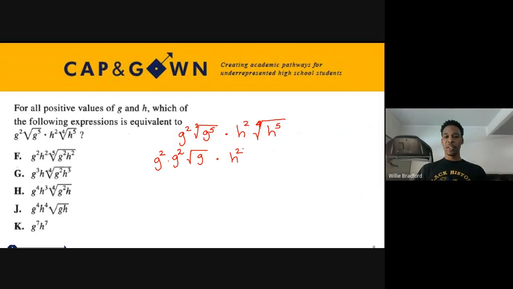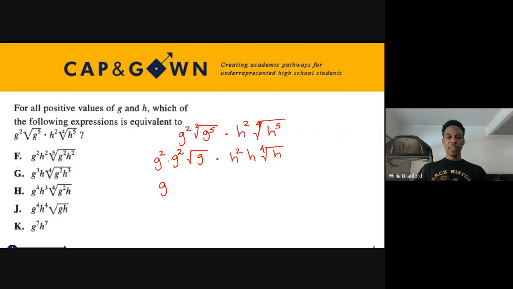H squared is there, and 4 will go into 5 one time. So that's h to the first power, and I have a remainder of 1h. And again, this is the fourth root. Okay, I'm getting close.